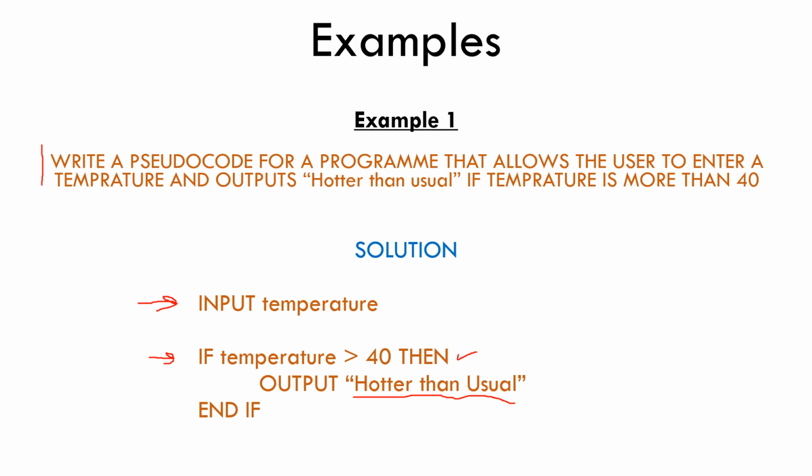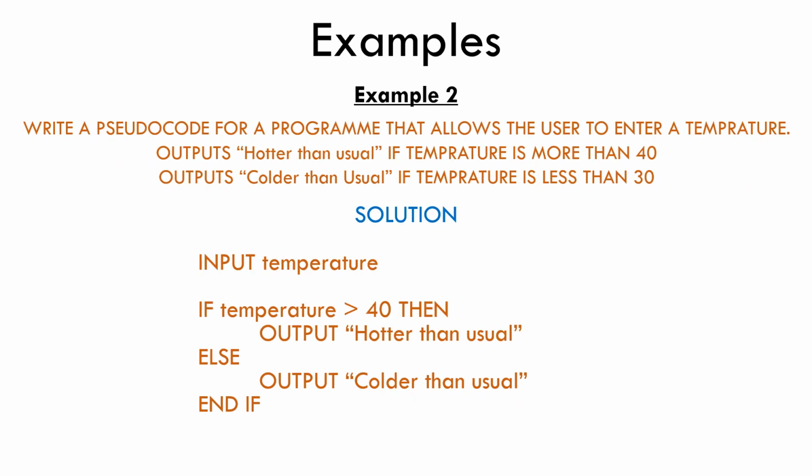But we can also make it more diverse. That takes us to example 2, which gives you two options. If your temperature is more than 40, you will write "hotter than usual", and if the temperature is less than 40, so I just made a mistake over here, it should be less than 40, you will go for "colder than usual".